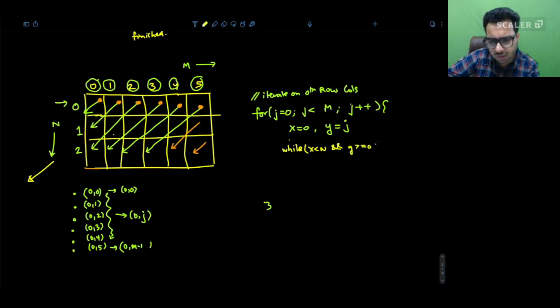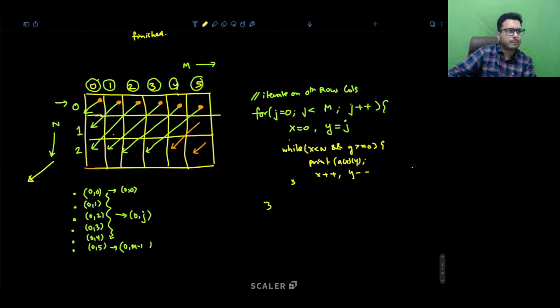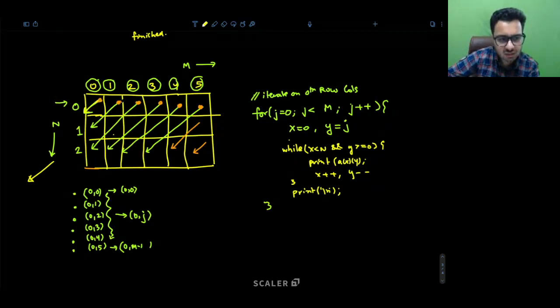So y should be greater than or equal to 0. Then I can say, okay, print array of x comma y, and I do x plus plus and y minus minus. That's it. Does it make sense? And I say, okay, print a new line after every diagonal. So this will print the first diagonal, the second diagonal, the third diagonal, and so on.